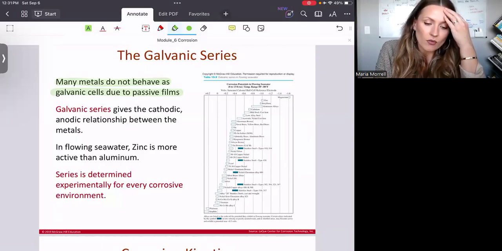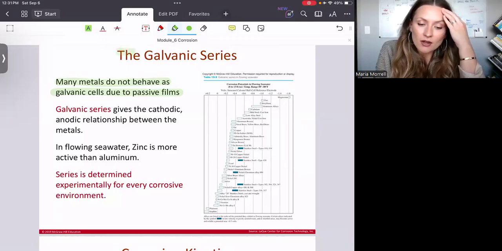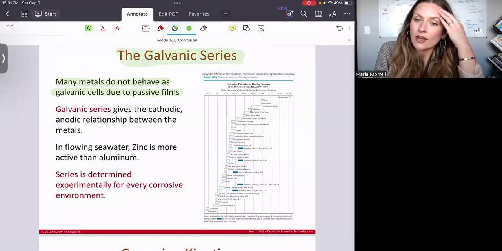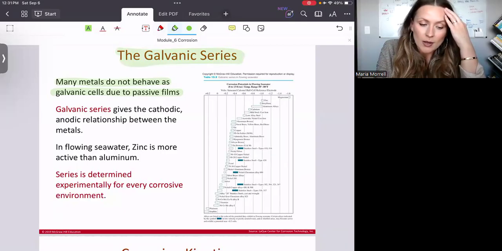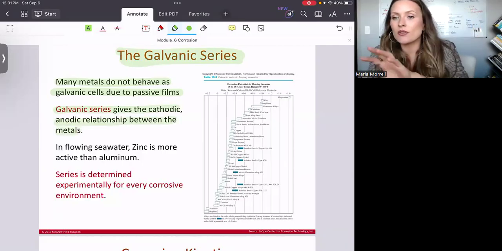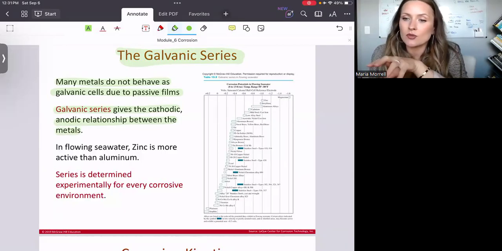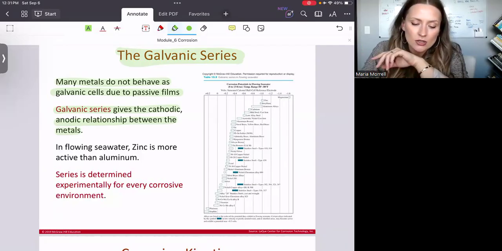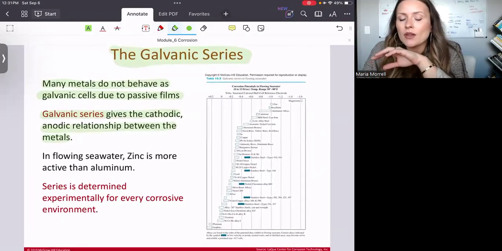This is why we need to experimentally define the galvanic series, and I'm about to give you an example. The galvanic series gives us the cathodic-anodic relationship between the metals. For example, this particular galvanic series that I'm showing on the slide, I'm about to enlarge so we can actually see more of it.